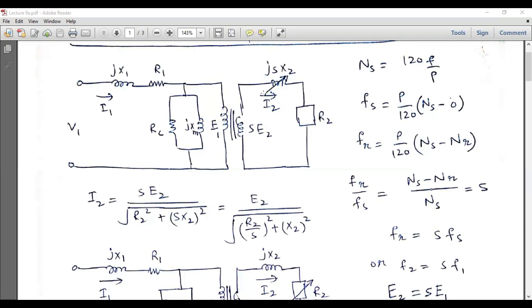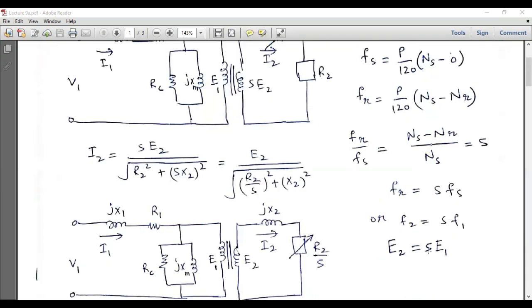So in order to ensure a current is flowing in the rotor winding, there should be a changing magnetic flux, and that changing magnetic flux is possible whenever the rotor mechanical speed is slightly different from the synchronous speed. So the induced EMF across the rotor side in this case will be directly proportional to the slip.